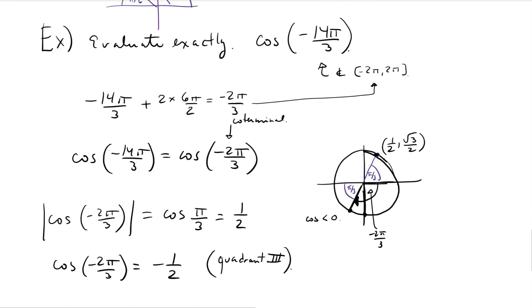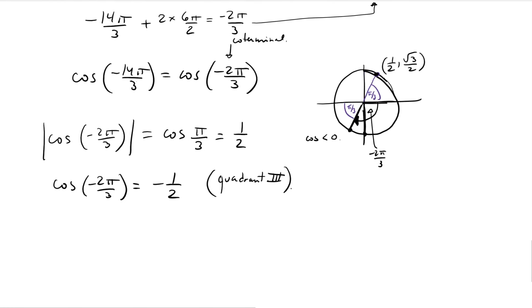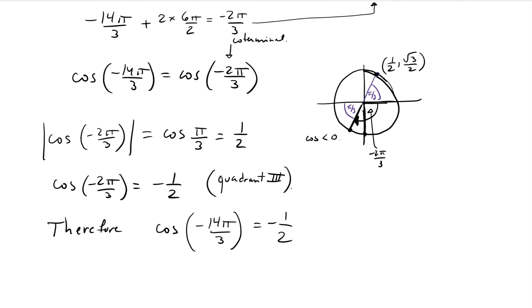Therefore, the cosine of minus 14 pi over 3 is equal to minus 1/2.